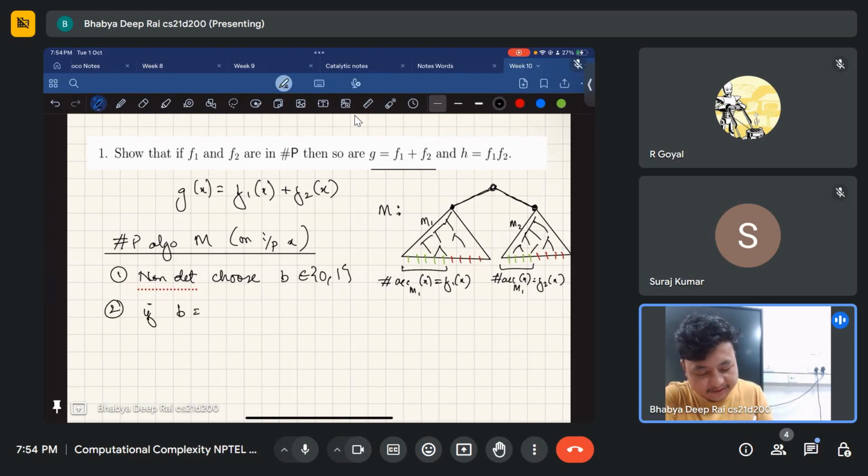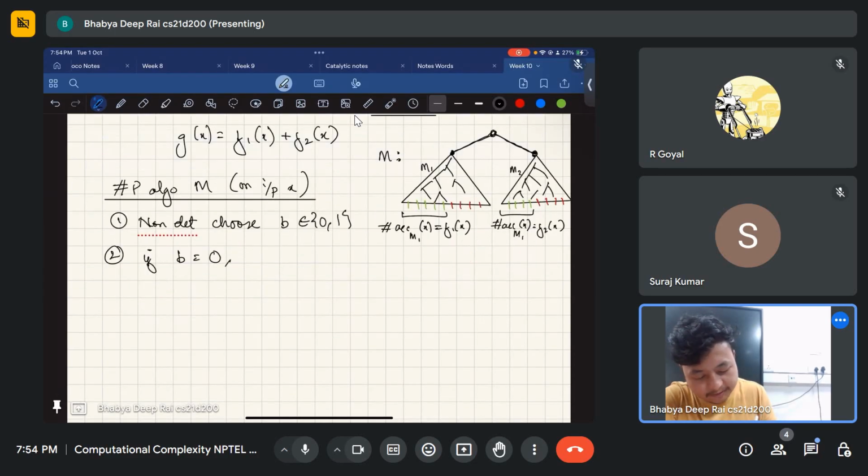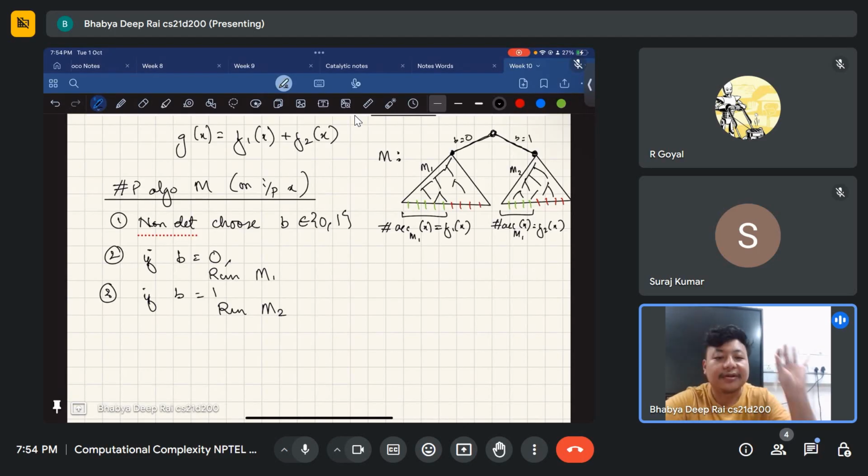If b equals 0, run M1. If b equals 1, run M2, and that's it. This is b equals 0, b equals 1. This is the non-deterministic case. Is that clear?